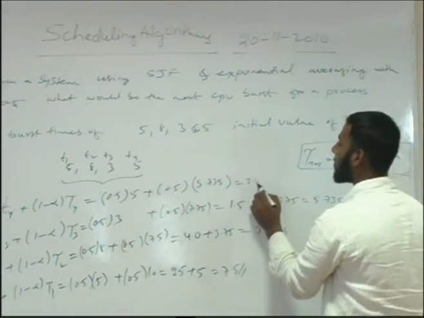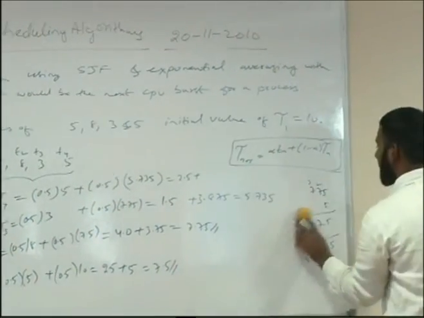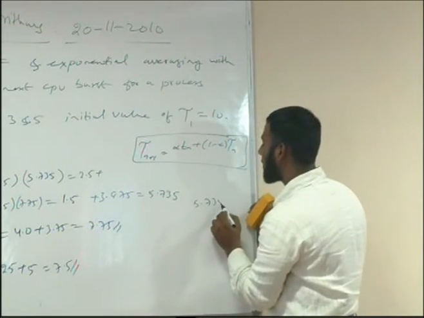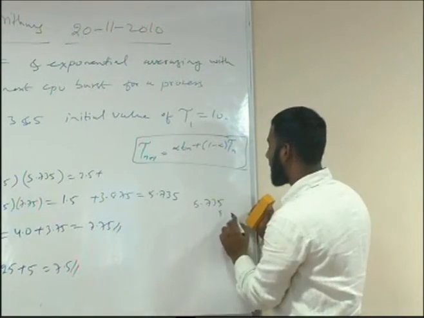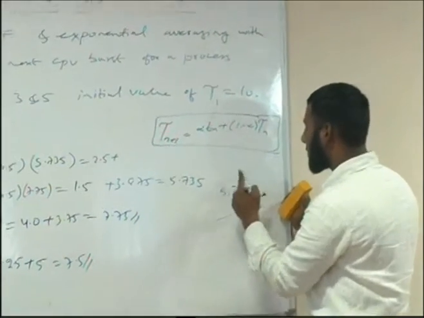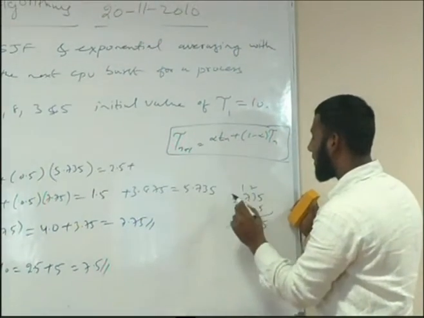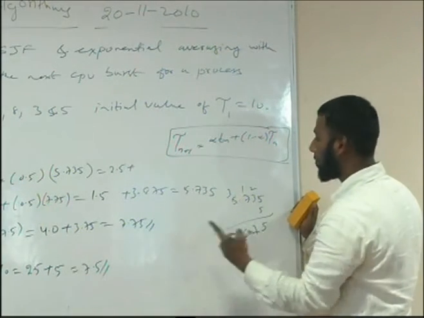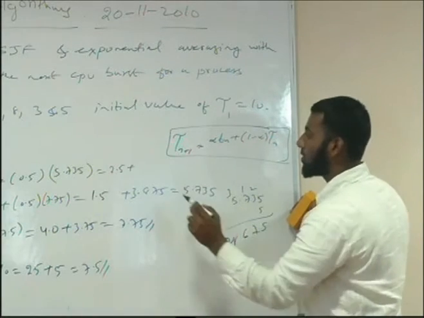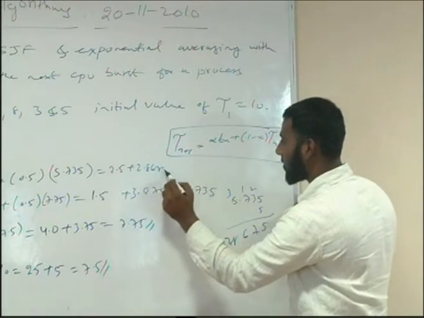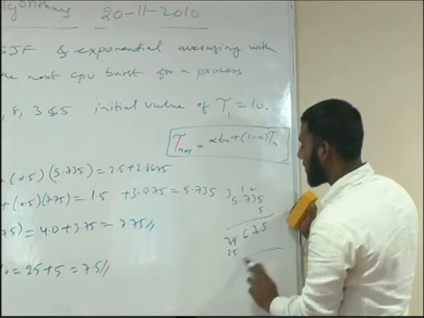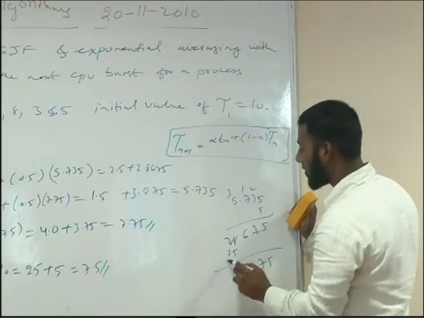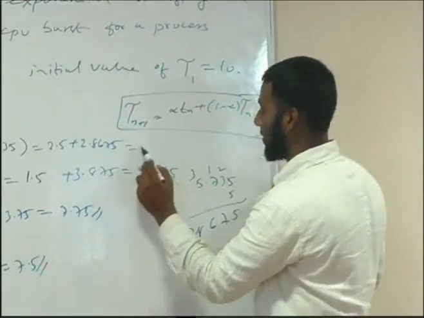So, 2.5 plus, let us do this multiplication: 5.375 into 0.5 is 2.6875, plus 2.5 gives 5.1875.